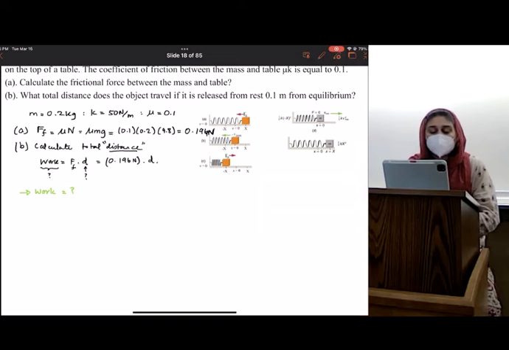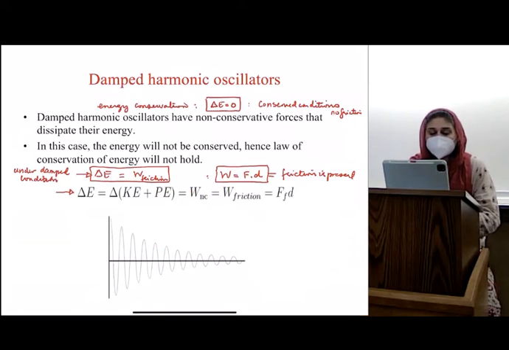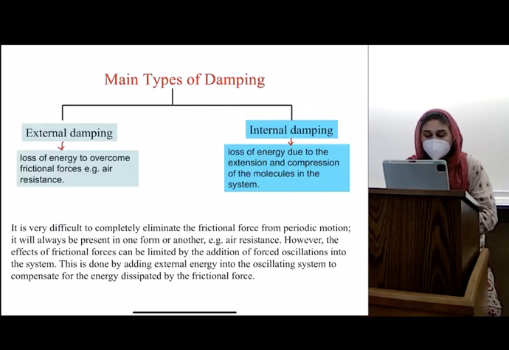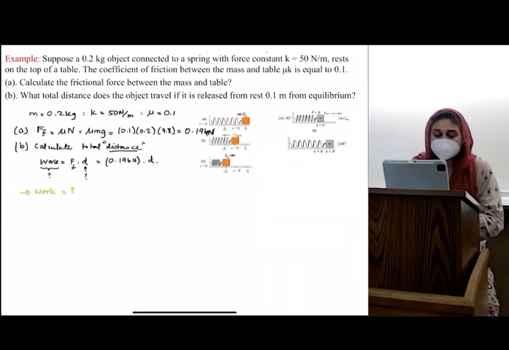I gave you a formula, this one, that was delta E equals work. That's a formula I have. So all I have to do is use that formula to calculate work.